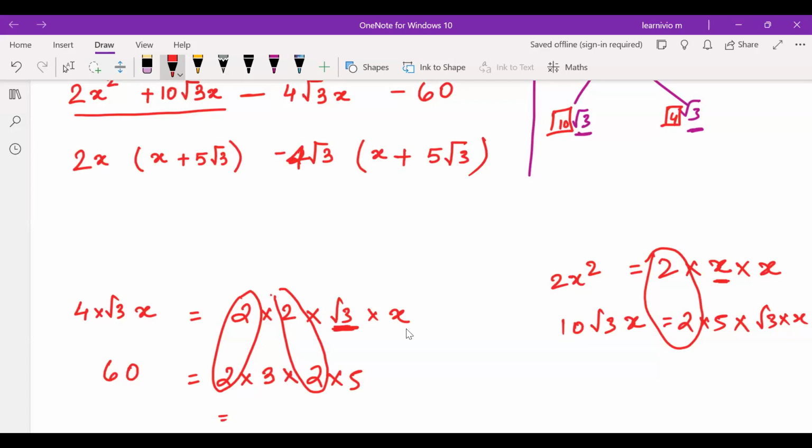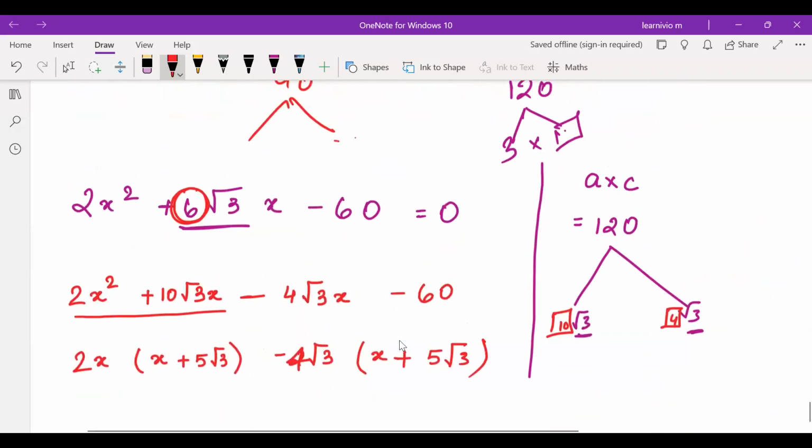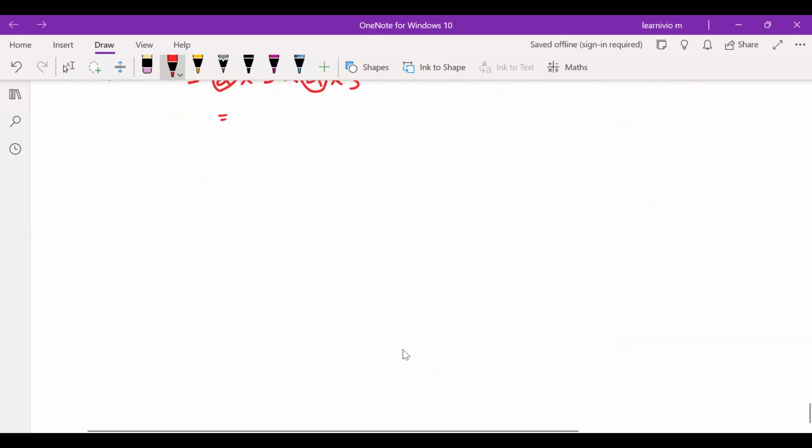Okay. So this is how we have to solve by splitting the middle term when we are having a square root term. Any confusion, Zoha? No, ma'am, no confusion. Okay, now we will be discussing the nature of the roots. But before that, there is a magical formula which will help us solve any quadratic equation.